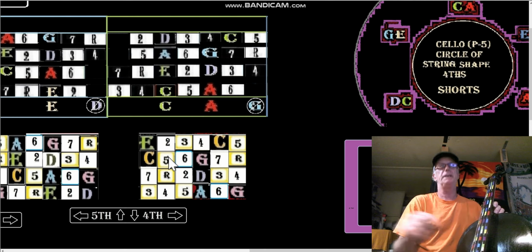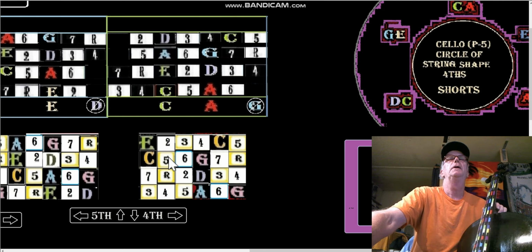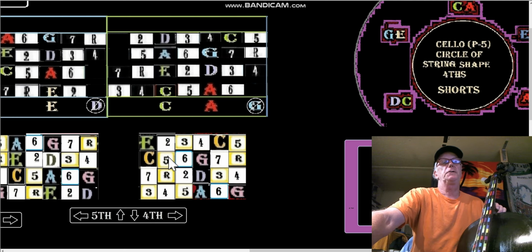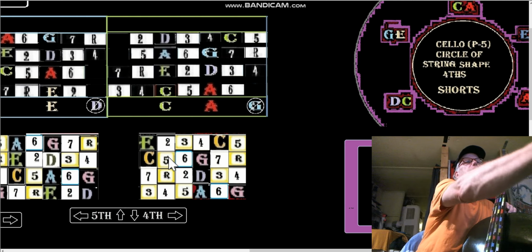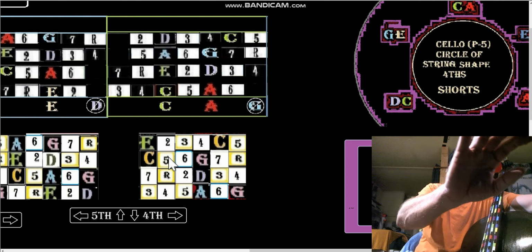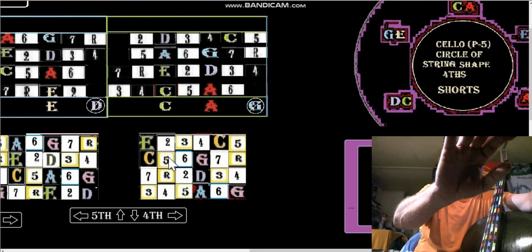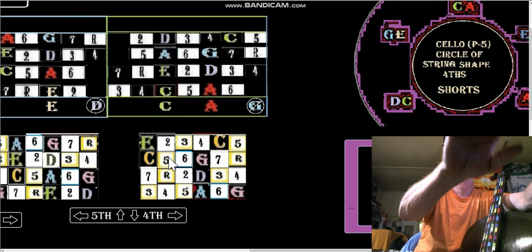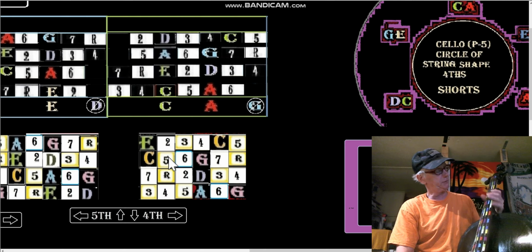I had my band-aid finger in the middle there on the root. It's hard to play a chord that goes 3, root, 5. That should be a nice 5 up there.